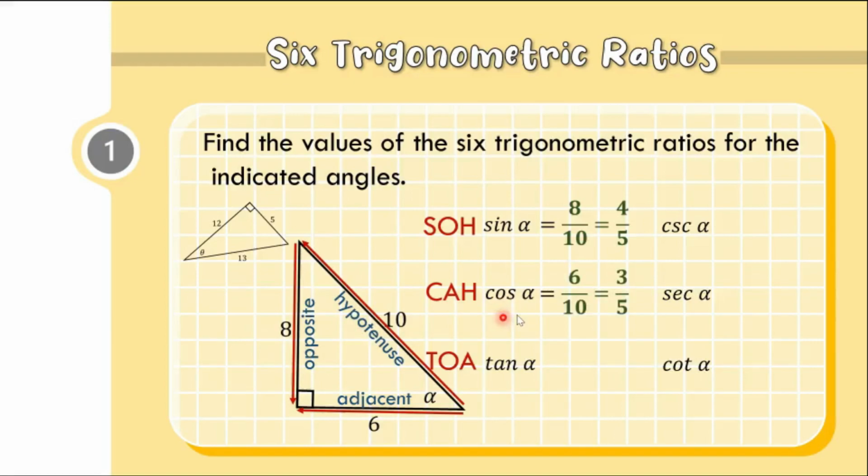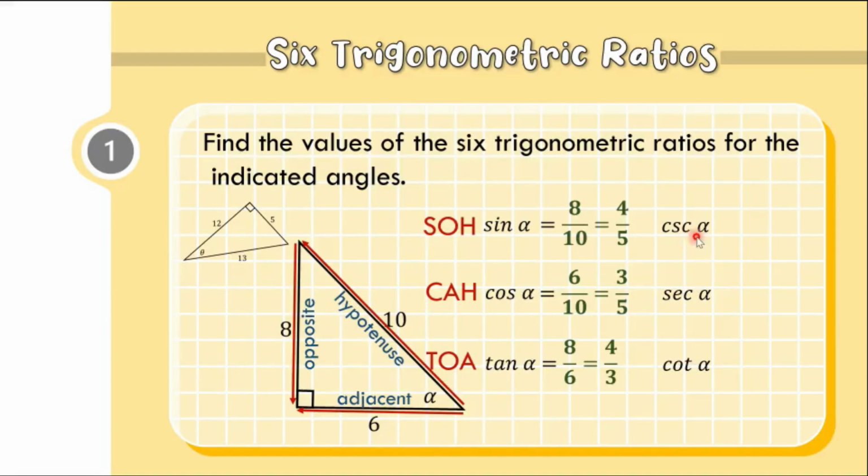Therefore, we will have 6 over 10, which is equal to 3 over 5. Tangent alpha is equal to opposite, which is 8, over adjacent, which is 6. Then, we will have 8 over 6, which is equal to 4 over 3. And that is for the first 3 trigonometric ratios. So let us have the last 3.